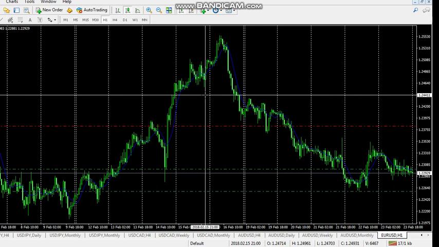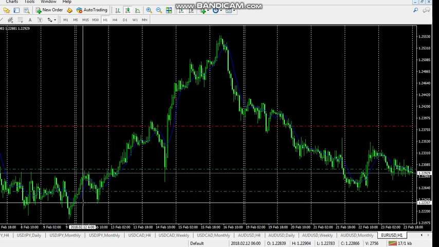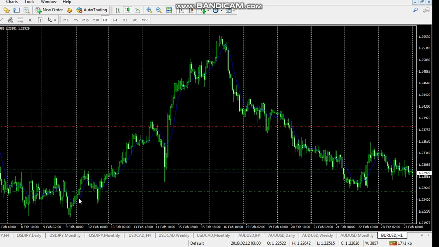But for example, you say that when price breaks out, or when price goes down or up, for example, price breaks out of the moving average and two candles are formed above the moving average, price goes up.